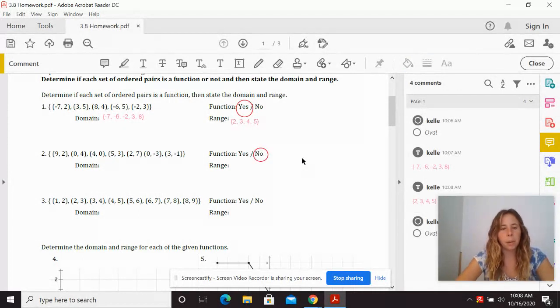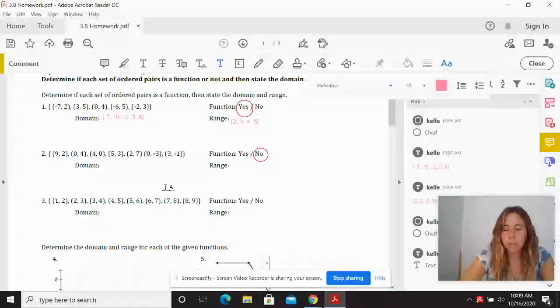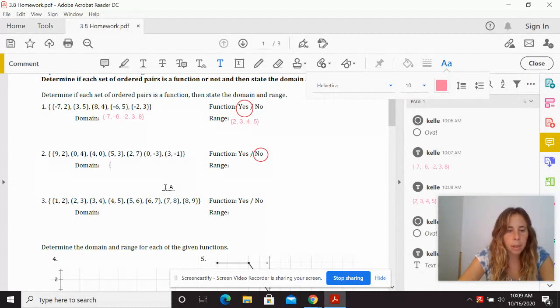Okay, no, it's not a function. But domain, same idea as before. They use the braces. So you just write down all the x values they give you. So the lowest one I think is 0. Yep, so I have 0.